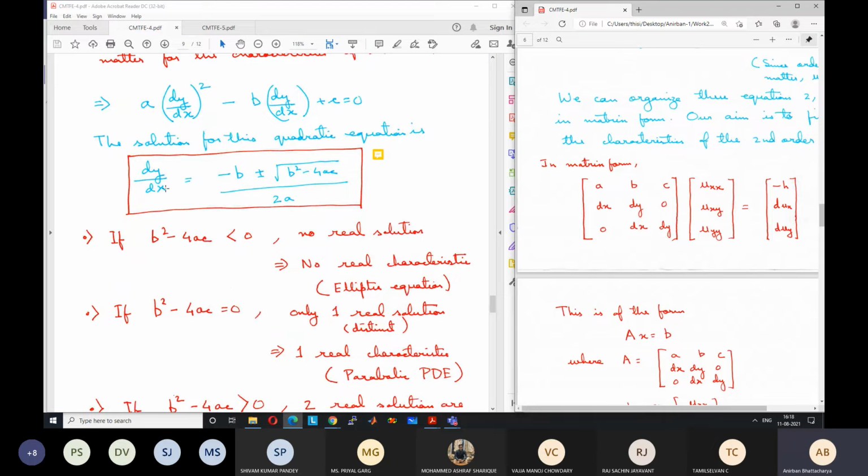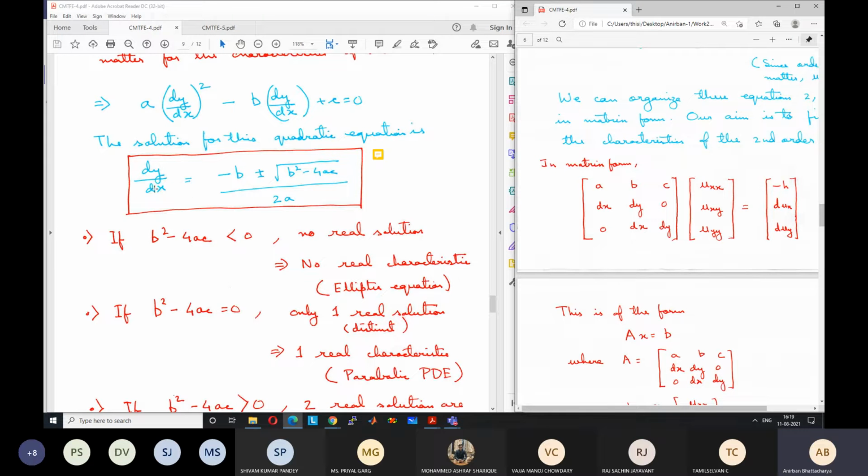So let us now take a look at a few cases. Say B square minus 4AC is less than 0. Then there is a negative term inside the square root. So there is no real solution for dy/dx for this case. It will lead to a complex number.